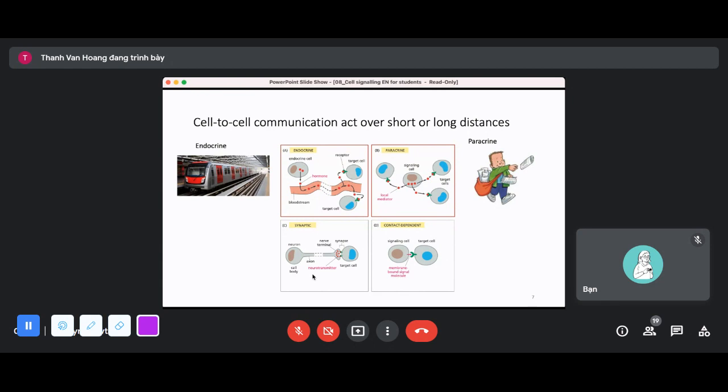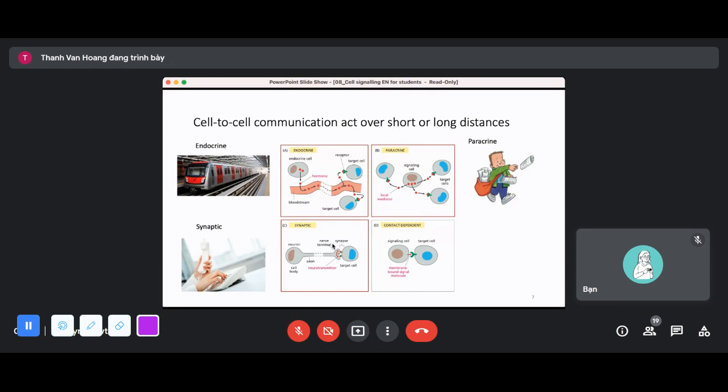You need axons that go a long distance to the target cells. The other advantage that I forgot to tell you is that it is quick, but it can also transfer the signal over a long distance, similarly to the endocrine system, right? And it's also very specific, because the neurons can direct to the target cells and induce a response just in the specific target cells that are required.